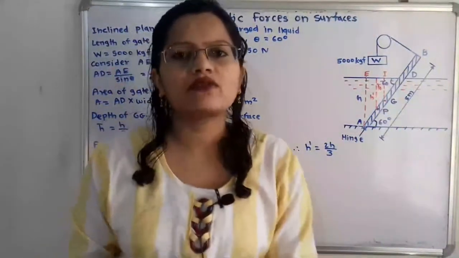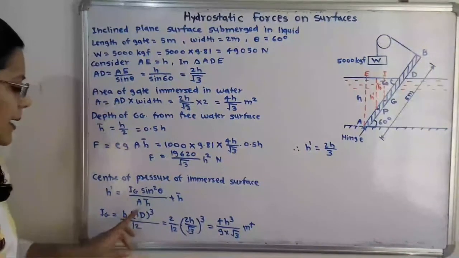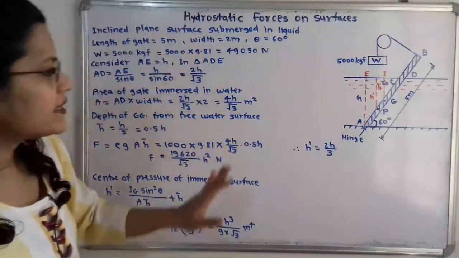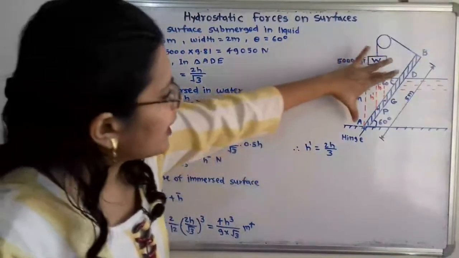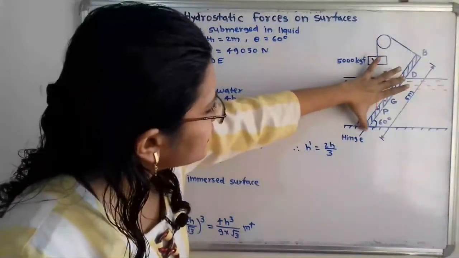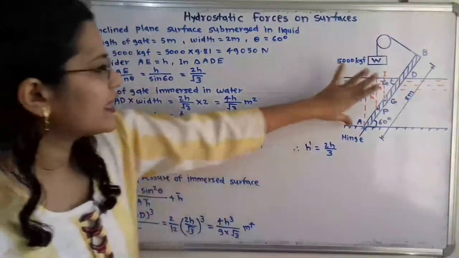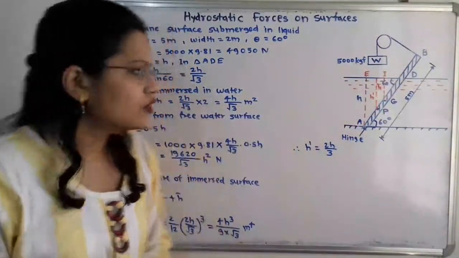So for the rectangular shape we know the formula BD cube by 12. So here BD cube by 12 means what? We have to consider only this length AD. So we can write here B into AD cube by 12. So what is this B?